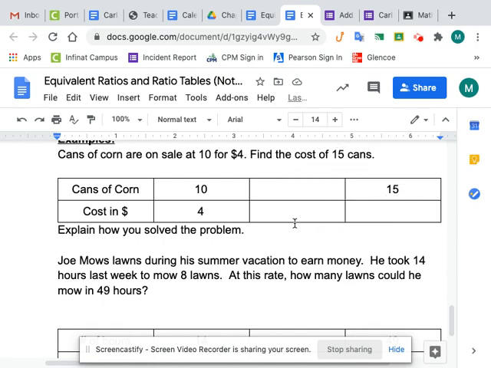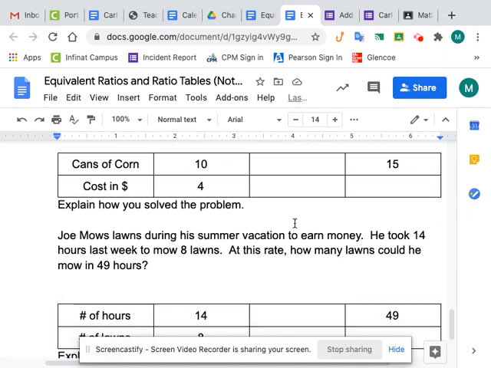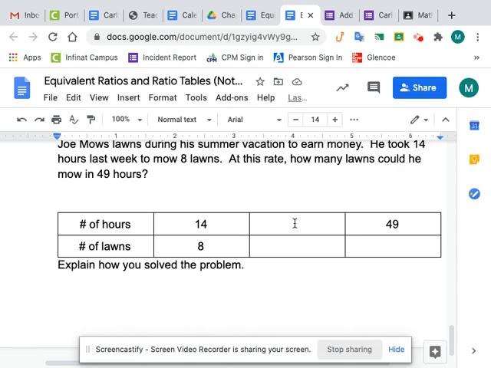On the last one here, Joe mows lawns during his summer vacation to earn money. He took 14 hours last week to mow 8 lawns. At this rate, how many lawns could he mow in 49 hours? I'm again thinking, what factors do I know that go into both 14 and 49? Whatever I divide by, I also need to make sure that number can go into 8.